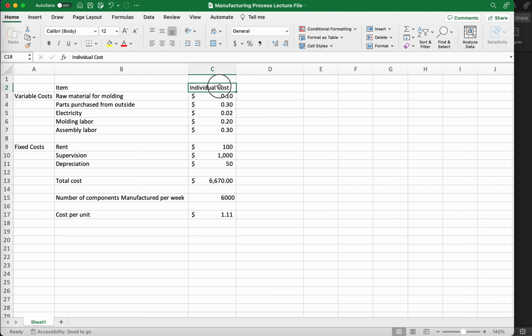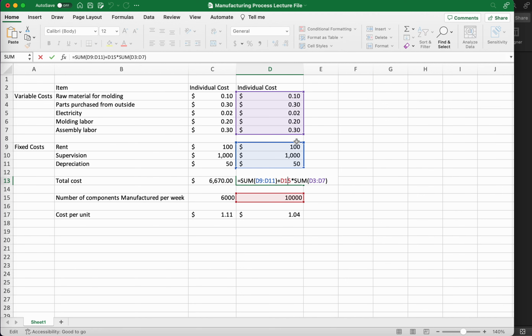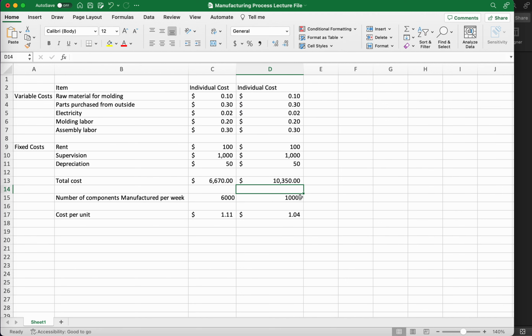But let's say that if you're going to manufacture more, so let's say you manufacture 10,000 units now, then the total cost becomes 10,350. The fixed cost remains the same. It's the variable cost that goes up. But this 10,350 is divided over 10,000 units. So now the cost per unit becomes $1.04.